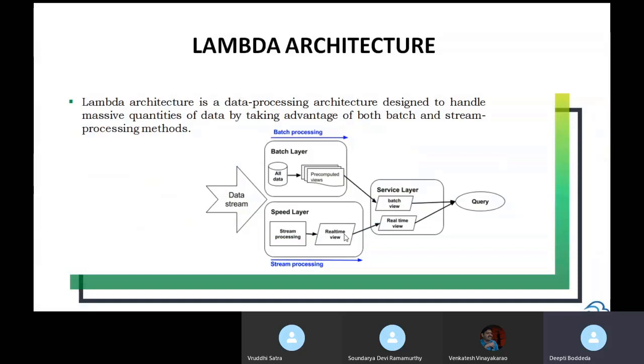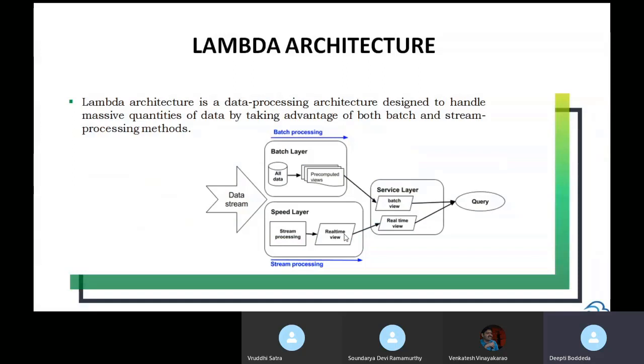The speed layer is the stream processing that we have discussed, which handles the past 1 hour of data. And batch processing, every 1 hour, collects the data, processes it and stores it in the serving layer.